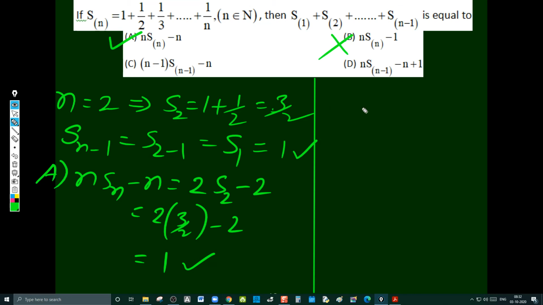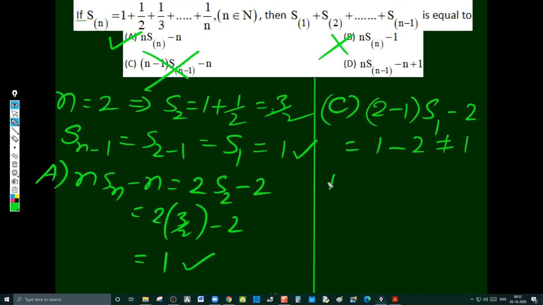Let us see that. In C, n minus 1 is 2 minus 1, S1, minus n, minus 2. So S1 minus 2, what is S1? 1 minus 2 is equal to minus 1, so not equal to 1. So option C is also wrong.